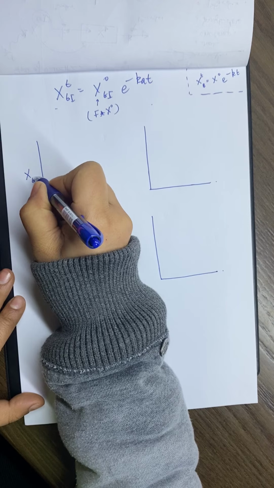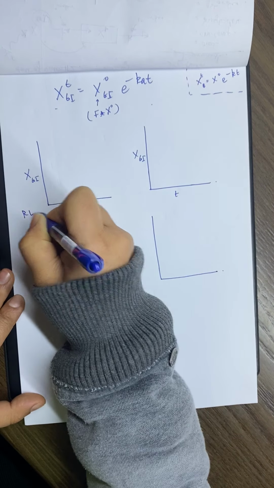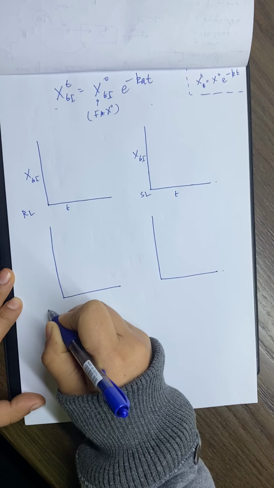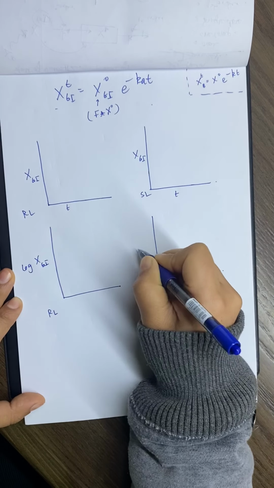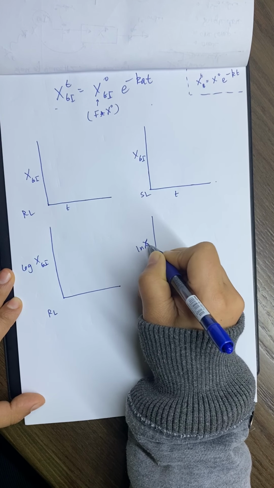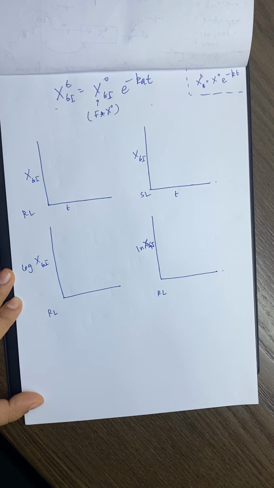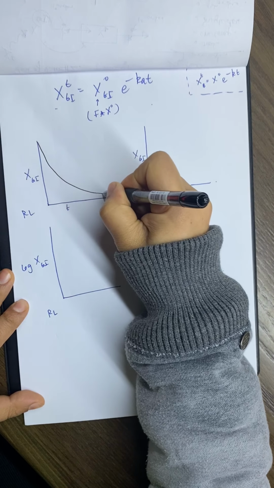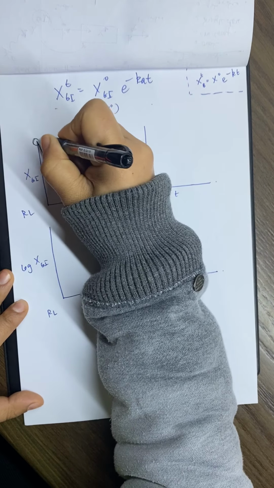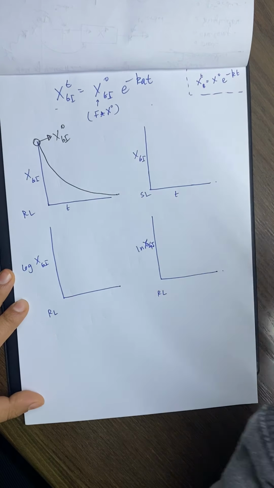If I have X_GI versus time, rectilinear, semilog, rectilinear, rectilinear, log X_GI, ln X_GI. Can we draw this? Yes, for sure we can. This will be a mono-exponential graph or profile with this equal to X_GI naught, right?